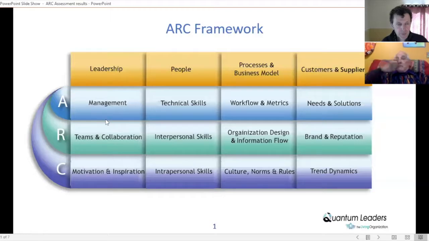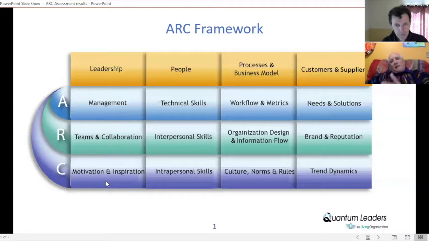At the relationship level, we'll talk about building teams or community and levels of collaboration and facilitating communication, resolving conflicts, those kinds of issues. And of course, the deeper level, the context level of the leaders is their ability to really inspire, motivate, to give the organization a clear sense of purpose.